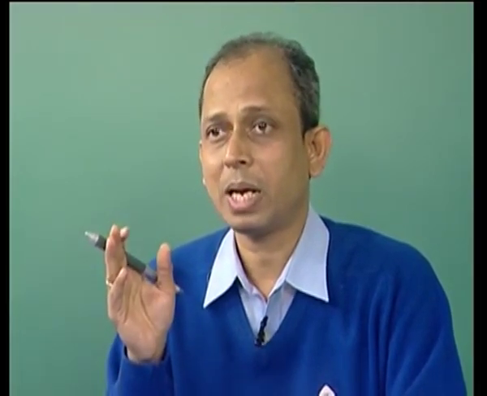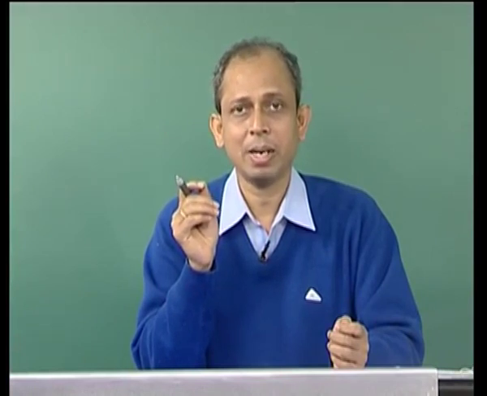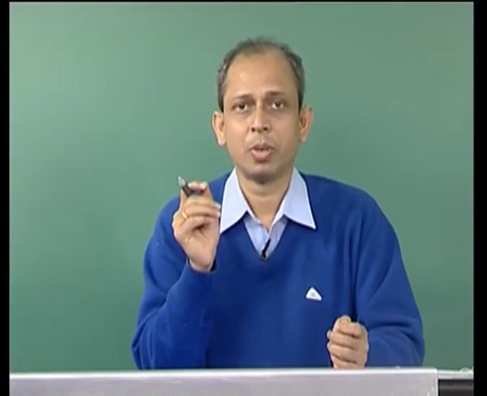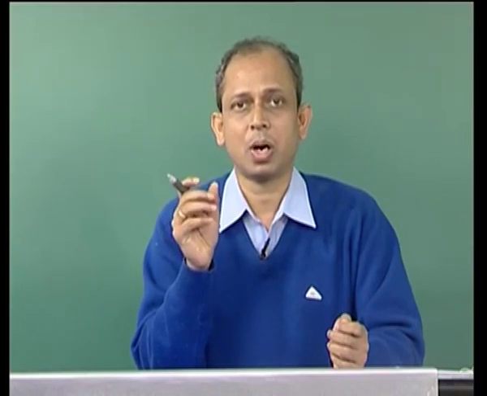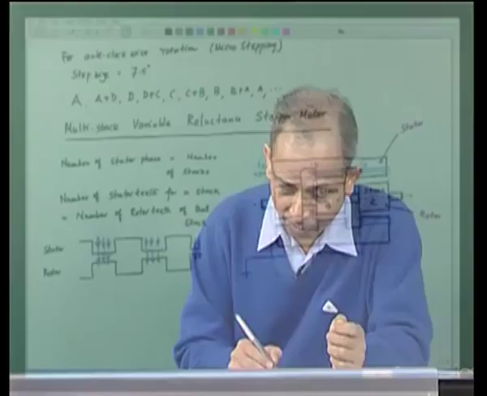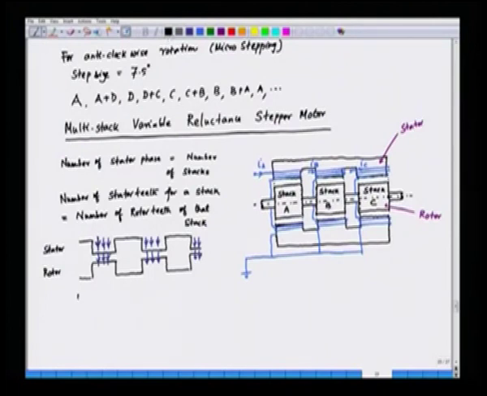Now, if there are M stacks and N teeth, we have a formula which will give us the offset. So, suppose we say that the number of teeth of the stator is equal to, let us say, N, and number of stacks is equal to M. So, what is the stator tooth pitch?